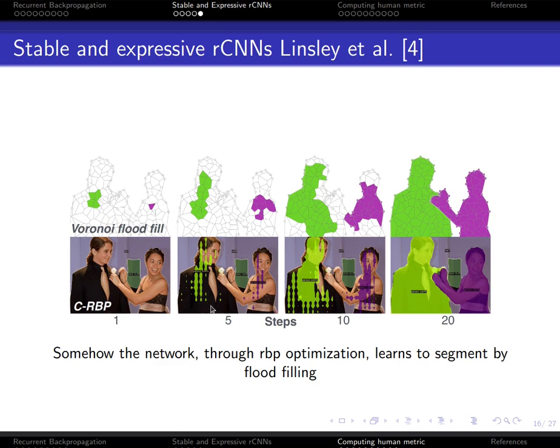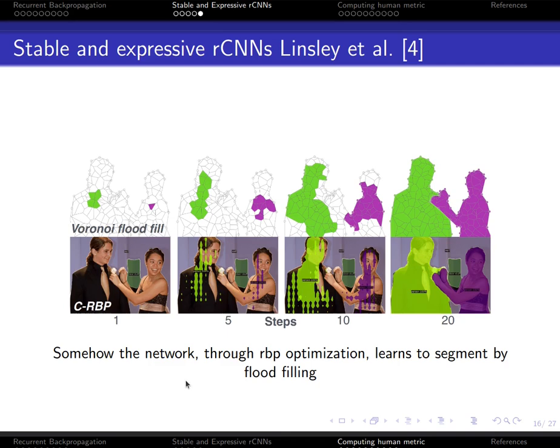What's really interesting about this type of segmentation is that the recurrent neural network that they are proposing starts in the middle and propagates the belief map to the outer parts of the body. And the same happens with the Voronoi flood field. This is a set of polygons, and they first segment the middle polygon, and it starts spreading the belief to the neighbors.